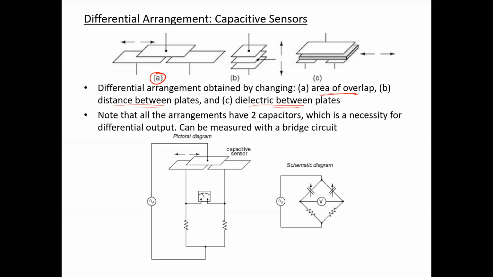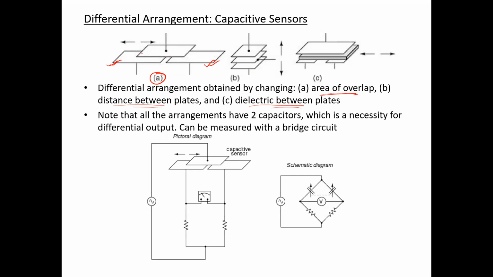Here the two bottom plates are static plates, whereas the upper plate is a movable plate which can move along the horizontal direction. If it is located at the middle in such a way that both the lower plates have an equal share of the overlapping area with the upper plate, then the two capacitances produced between the upper plate and the two lower plates are going to be equal.